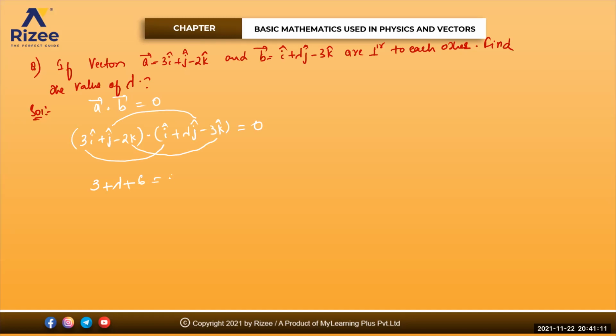That will be equal to 0. Now 3 plus 6 is 9. 9 plus lambda is equal to 0. Therefore, lambda will be equal to minus 9. Very good. Very good.